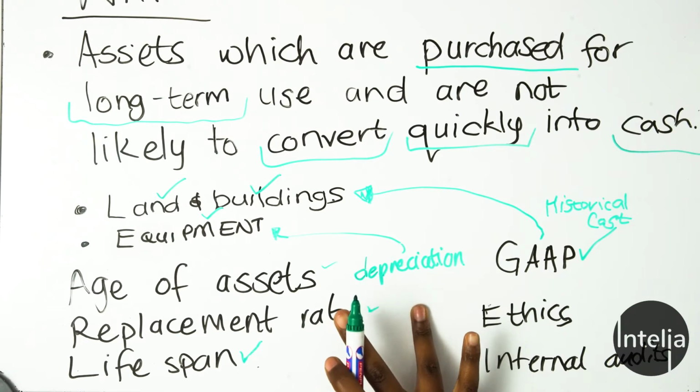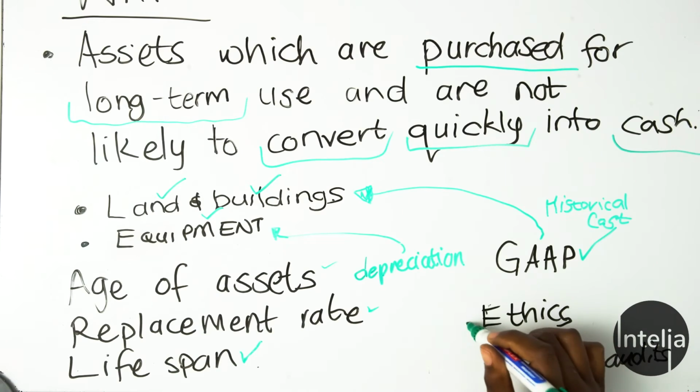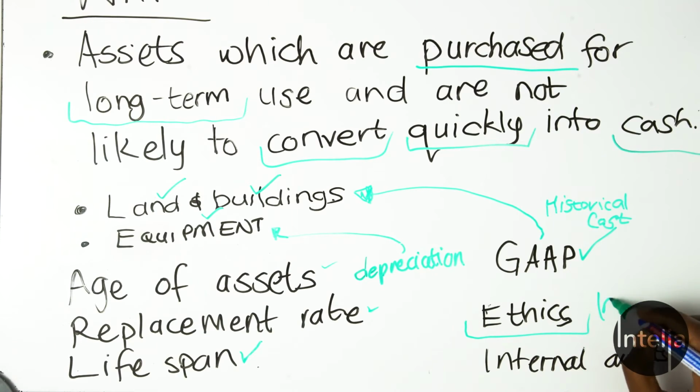And then for ethics, we consider whether these fixed assets were acquired ethically. Are they being used ethically? When we were discussing ethics in the last video, we did discuss the unethical or unprofessional use of business equipment. This is where ethics and internal controls are considered.